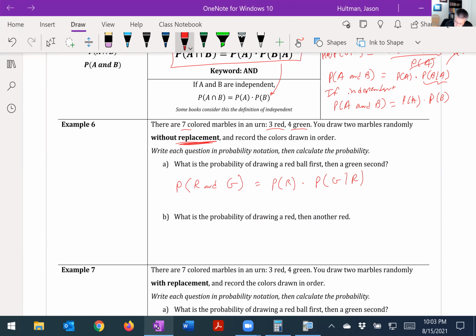What's the probability of the red? Well, that's 3 out of 7.